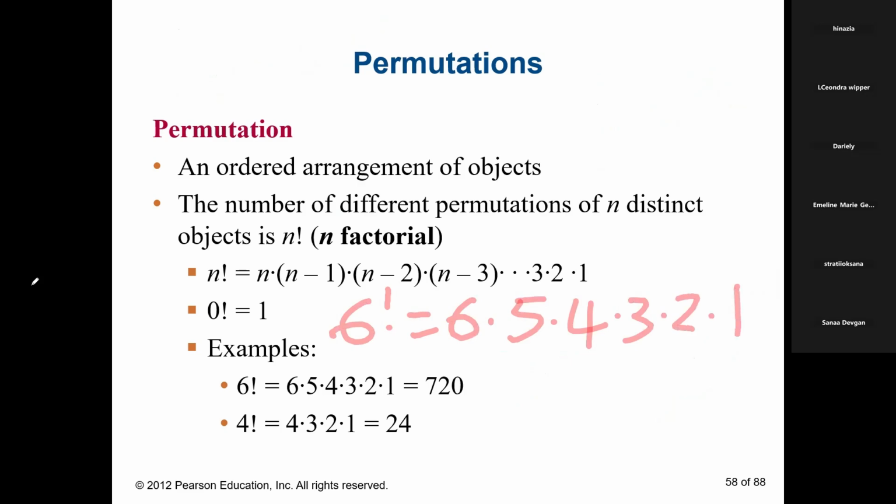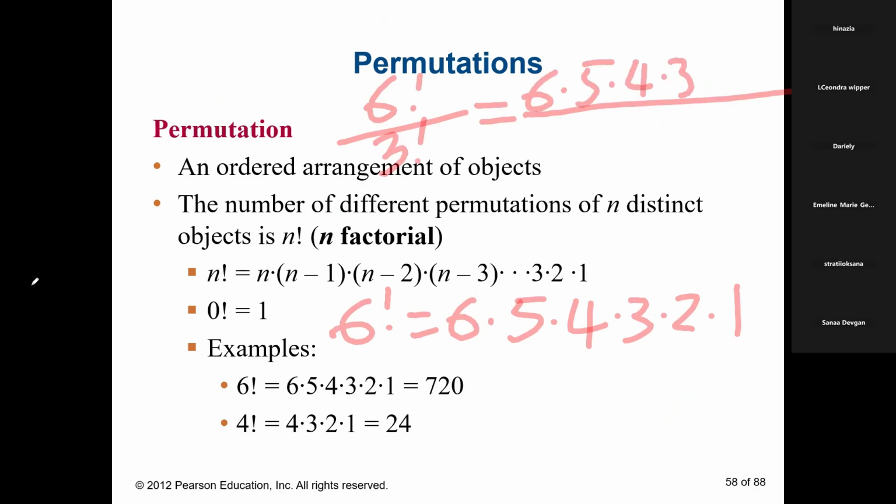That's why we're trying to show you here, okay? Now, if you have 6 factorial over 3 factorial, you can go all the way down to 6 times 5 times 4 times 3 times 2 times 1, and then 3 factorial can be 3 times 2 times 1.